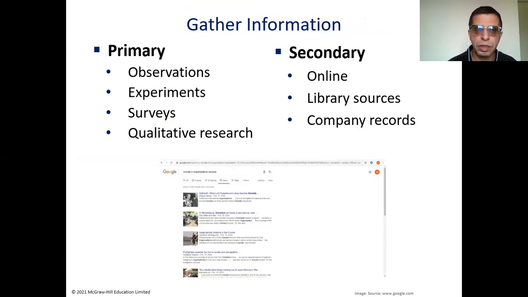Primary gathering can be done by others, for example in IT, organizations like Gartner. In primary gathering, observations are part of it, experiments are part of it, surveys are part of it, and qualitative and quantitative research are also part of it. The secondary is where you find it online, somebody has done it before, library resources, and company records.